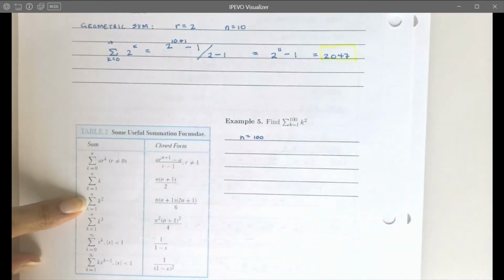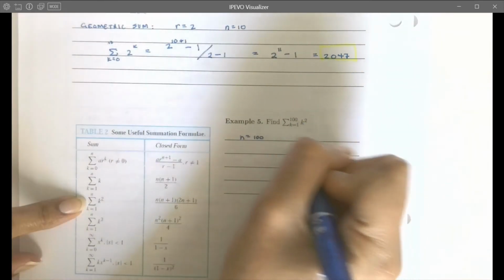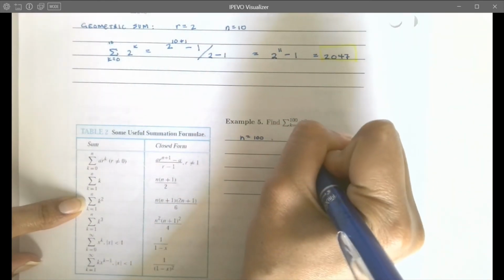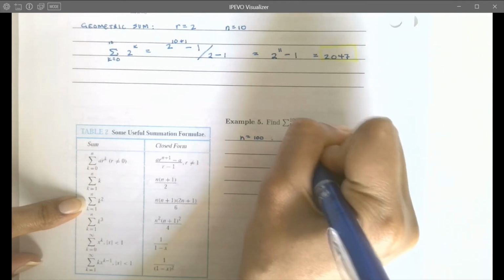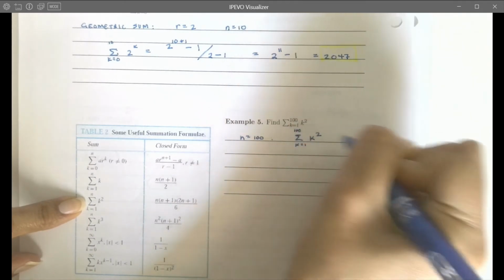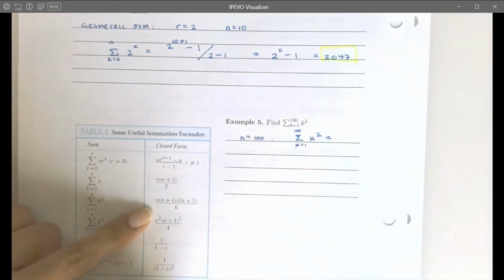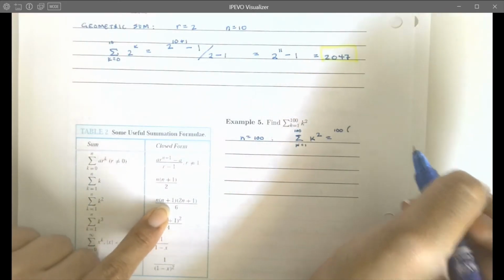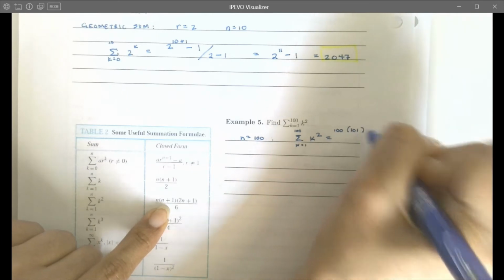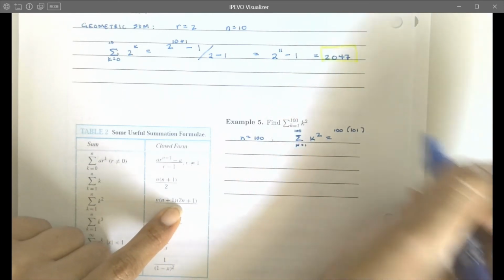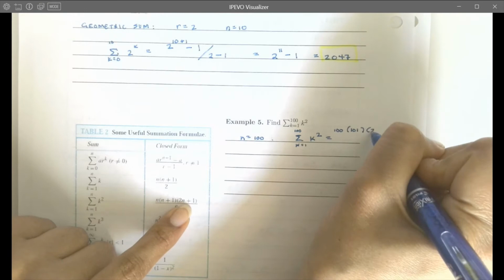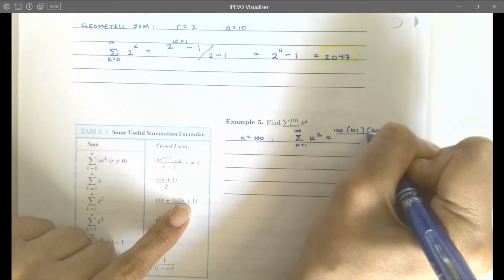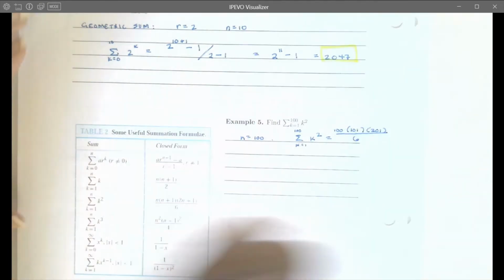So we have the sum k equals 1 to 100 of k squared, which according to our formula should be n, which is 100, times n plus 1, that would be 101, times 2n plus 1, that would be 200 plus 1, so 201, divided by 6.